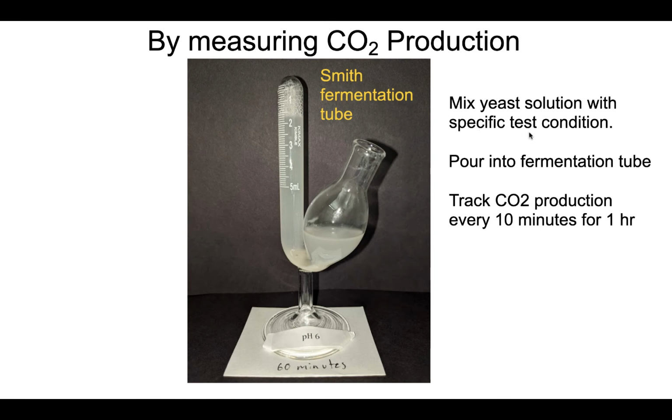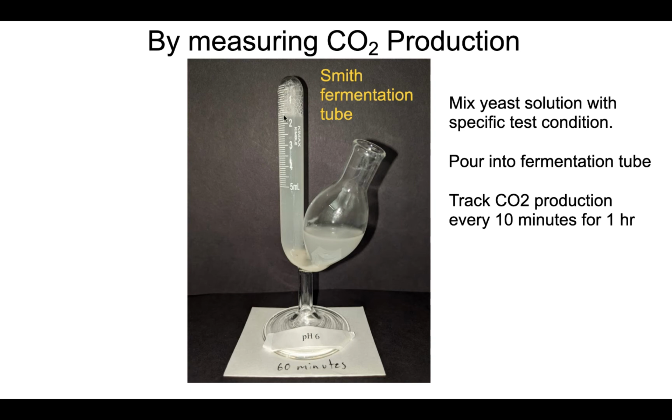And there's all sorts of conditions that you're going to be testing today: the effect of pH on fermentation, what sorts of carbohydrates yeast can ferment, and so on and so forth.